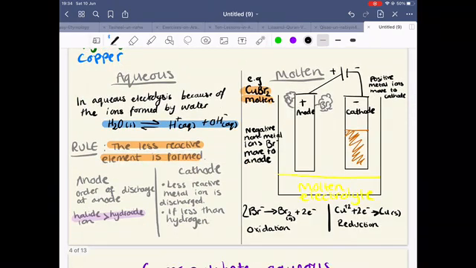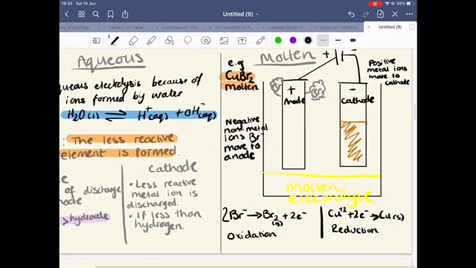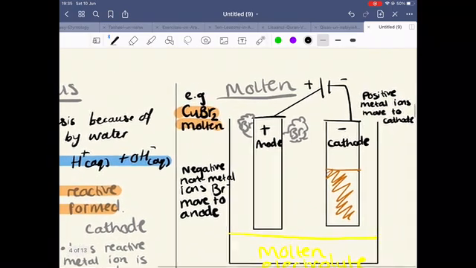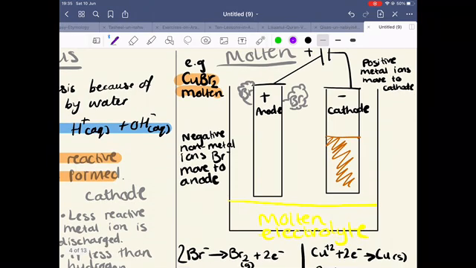So we have two types of electrolysis, aqueous and molten. You can pause this video to have a look at the two different types. So with molten electrolysis, we've got the anode and cathode.